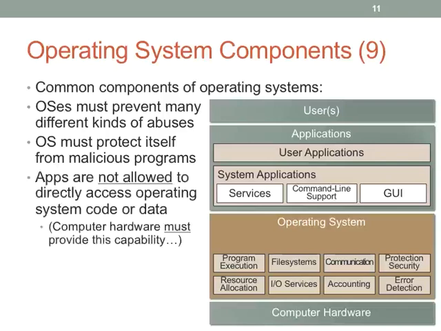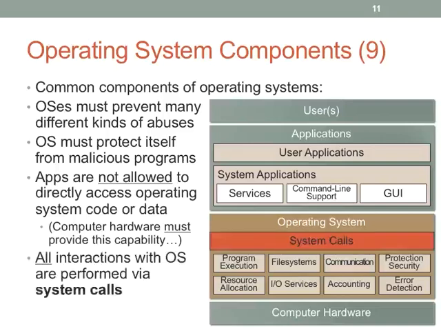So applications are basically never allowed to interact directly with the operating system data structures or operating system code. And we'll talk about the requirement for computer hardware to provide some capabilities in this area in a second. But what happens is all interactions go through system calls. So that system call layer is the wall.